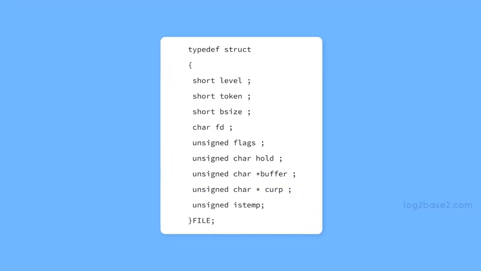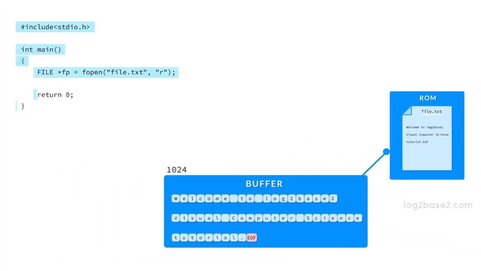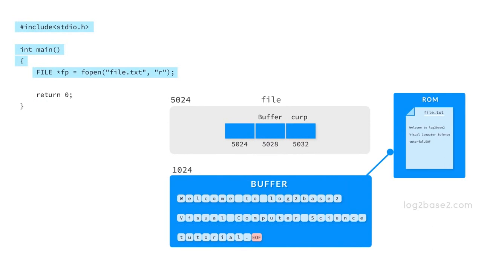This file structure contains information on buffer size, buffer pointer, current buffer position, etc., and it returns the file structure pointer to the file pointer. Here, buffer address 1024 is placed in the buffer pointer and the file structure address 5024 is assigned to file pointer fp. So, instead of reading from disk, the file pointer loads the content of the file only once into the buffer, and further reads or writes will happen in the buffer.